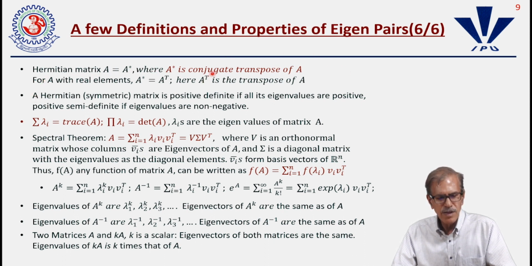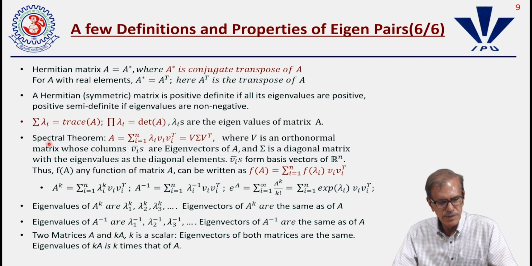And if the elements are real, then we just call it symmetric, just transpose. Please remember, the following are some relations. They are important in many respects, and I will use these relations in subsequent sections of this lecture.